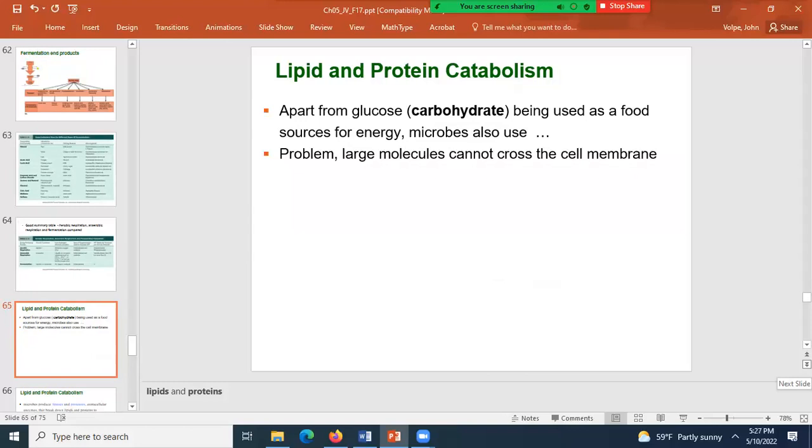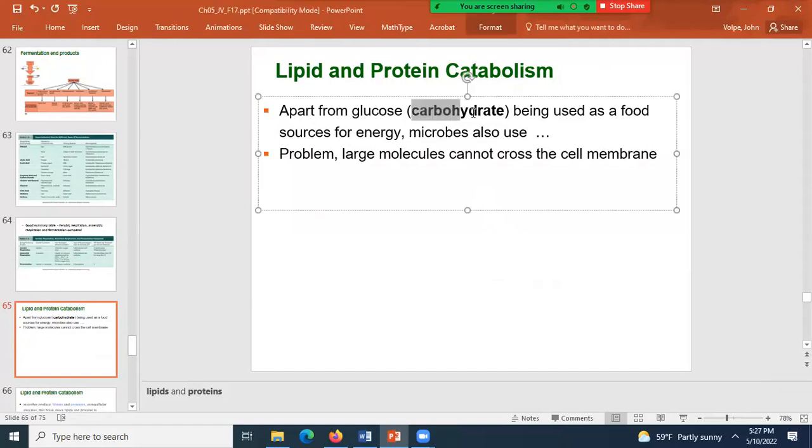All right. So on this slide, we talked about carbohydrate catabolism and how glucose is metabolized to make ATP. Well, you can use other carbohydrates to make ATP.